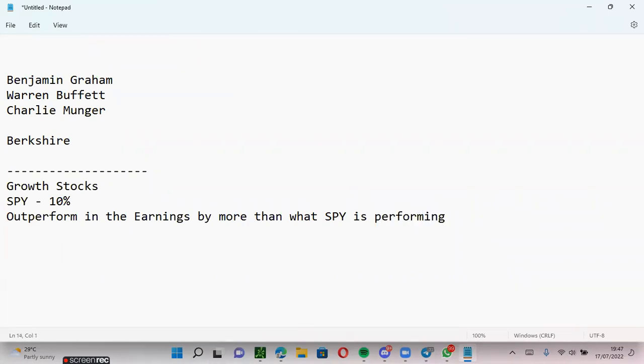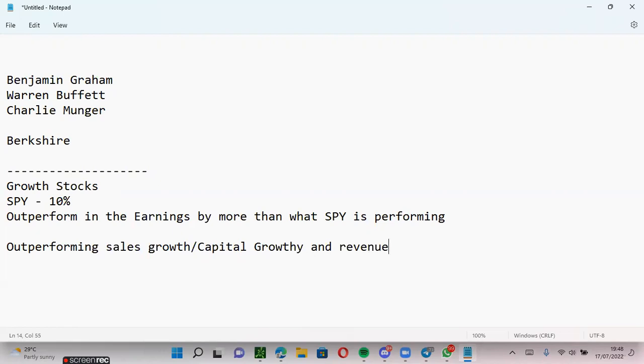A growth stock is a stock which is outperforming in sales growth, and its capital growth and revenue, right?